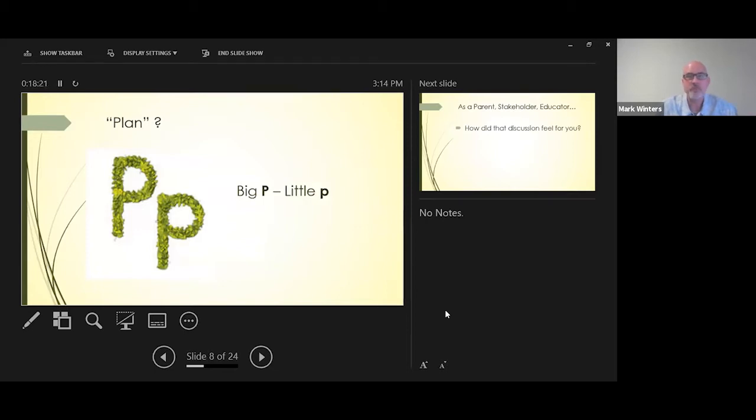There's the overall plan for somebody, and then there's the planning. The big P is the overall care plan and the process that we go through to make sure that we're meeting somebody's needs and supporting them in the ways that they need and want to be supported from an overall care perspective.